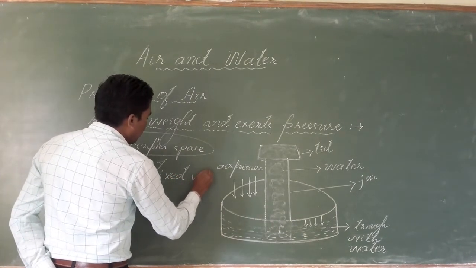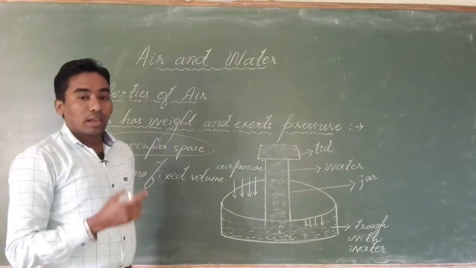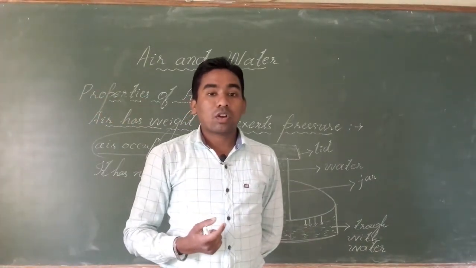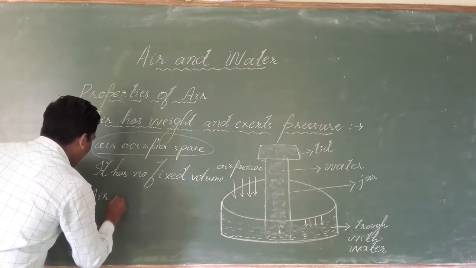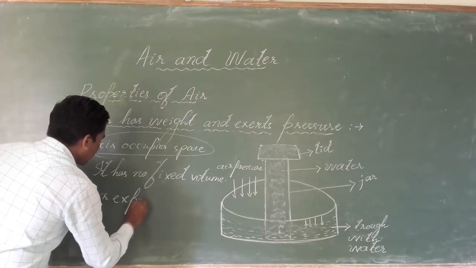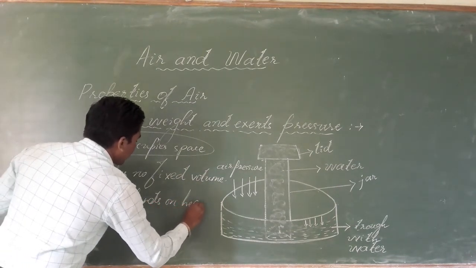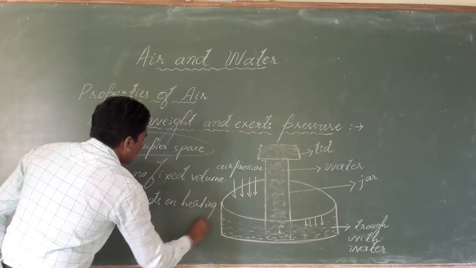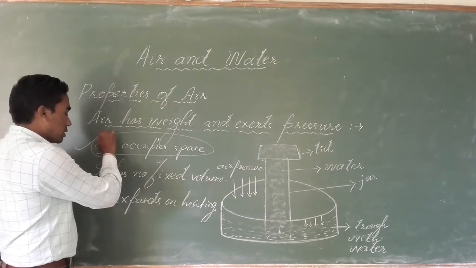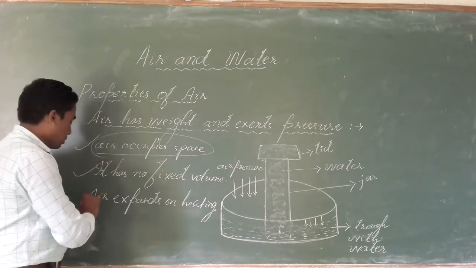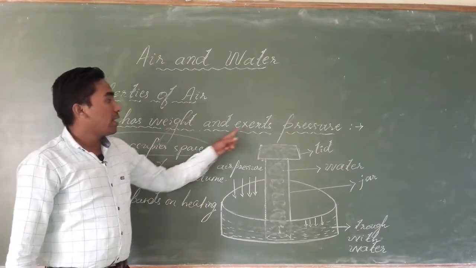Another one, air expands on heating. So, these are the properties of air. Air occupies space, it has no fixed volume, air expands on heating, and air has weight and exerts pressure.